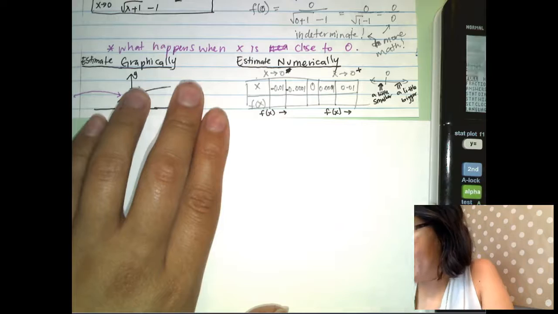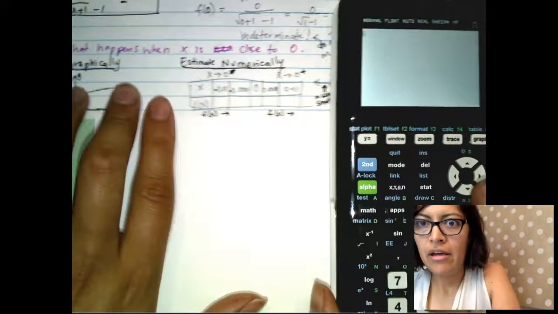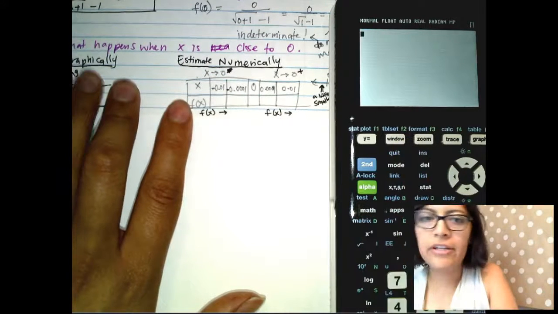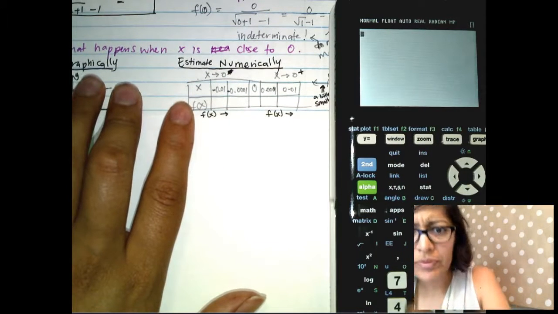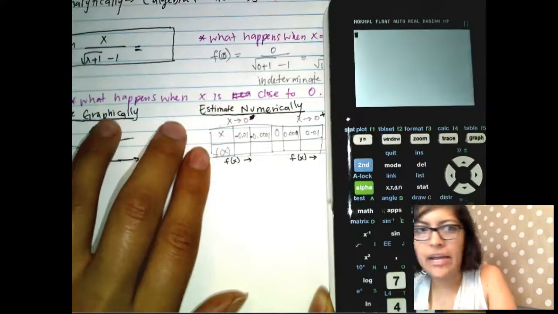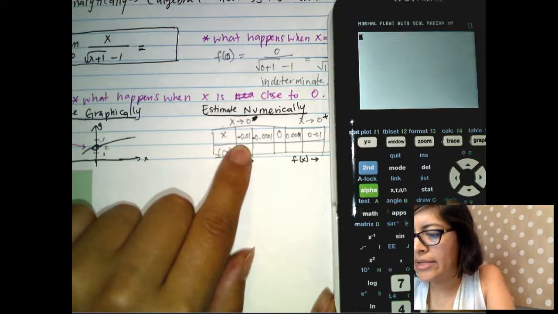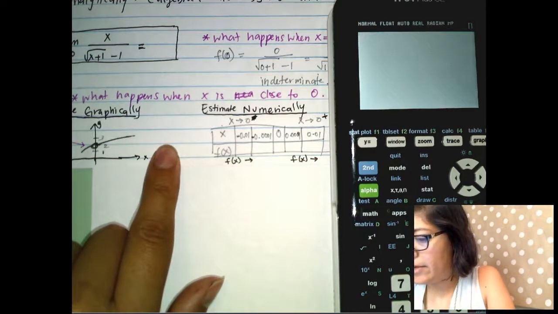So let's plug this in. I'm going to use my calculator again to do some of these calculations. You can also use the table function, but I'm just going to use the calculator. We're going to use that function again, but every time we see x, we're going to plug in negative 0.01.